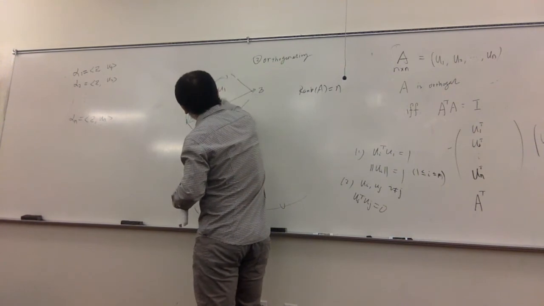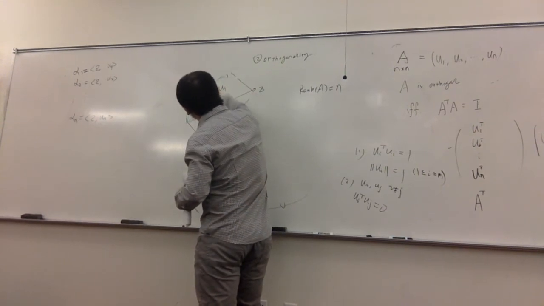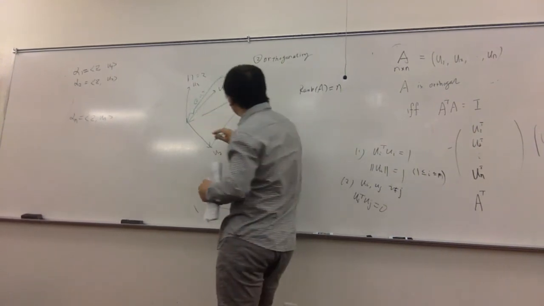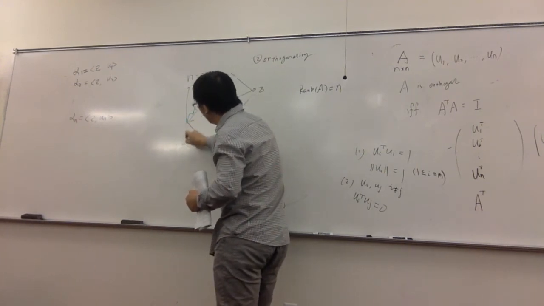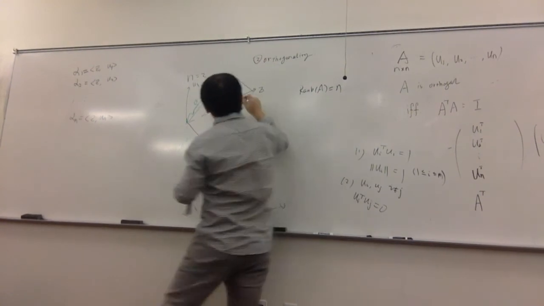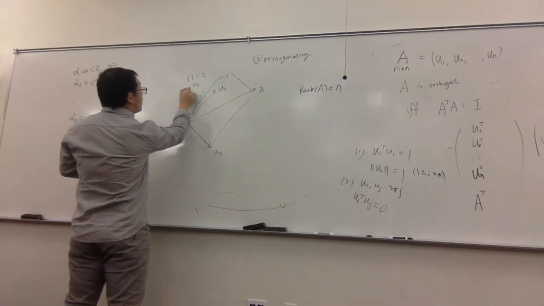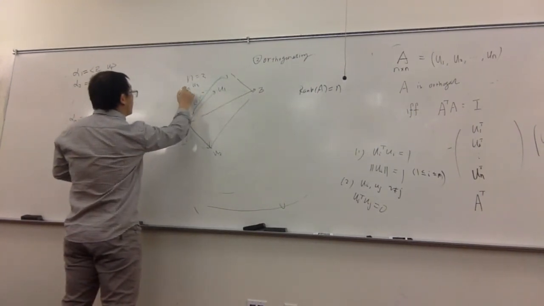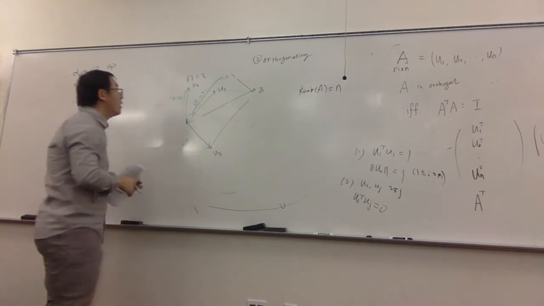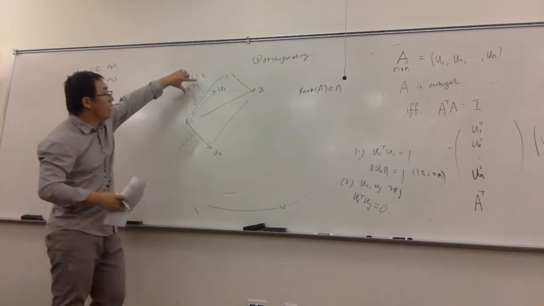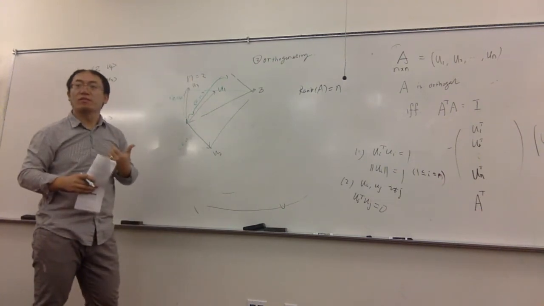So we get the first projection length along u1, right? And the second projection along u2. And the third projection along u3. And what do those projections consist of?